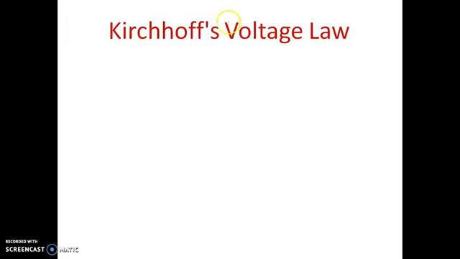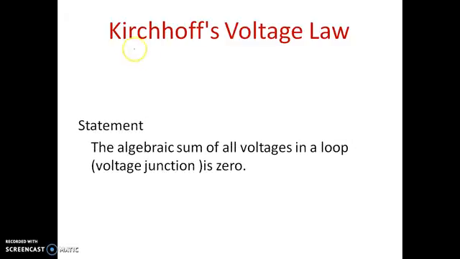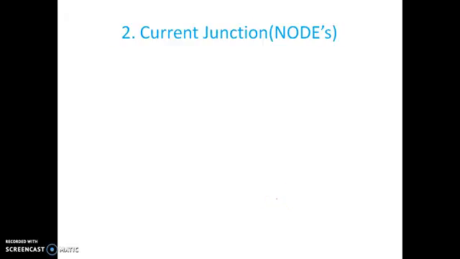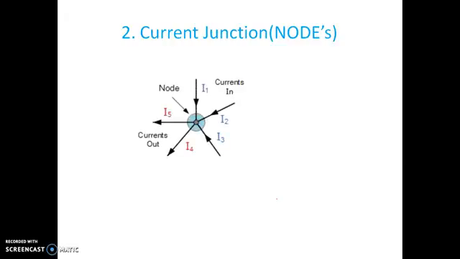So from the equation we can write the statement of Kirchhoff's voltage law: the algebraic sum of all the voltages in a loop or voltage junction is 0, which is called Kirchhoff's voltage law or KVL.